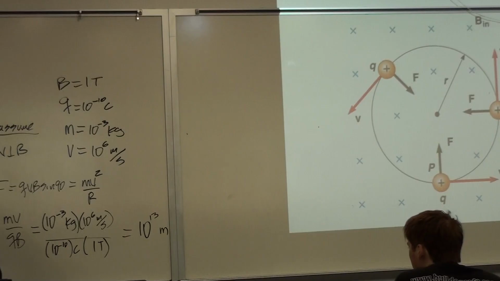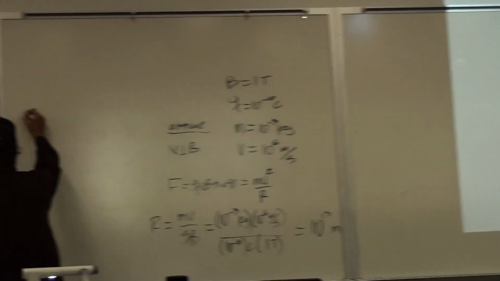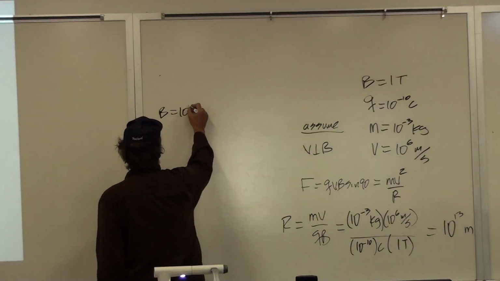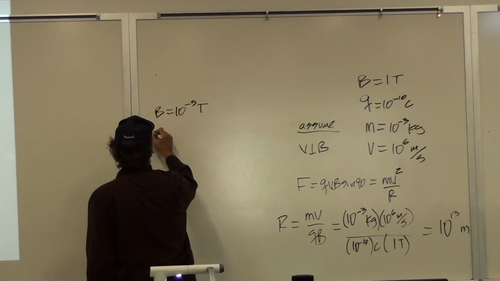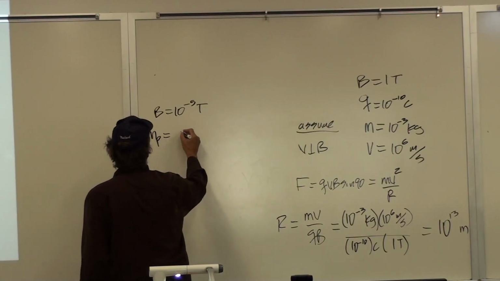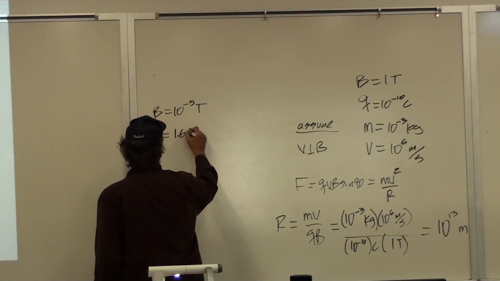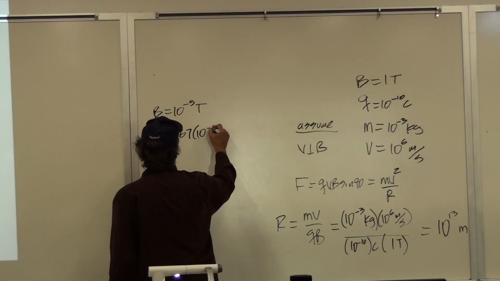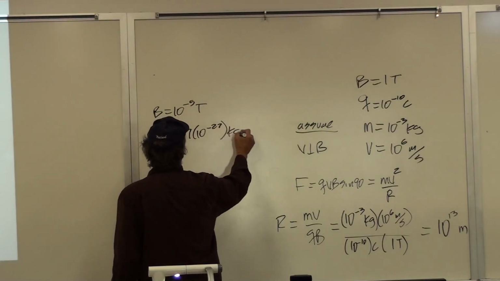experiencing a magnetic field above the Earth's surface that is equal to 10 to the minus 5 Tesla. So the mass of a proton would be 1.67 times 10 to the minus 27 kilograms.